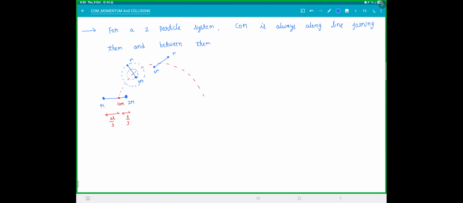That is how the motion will be. The idea is still the same. The center of mass will go in a projectile motion and everyone else is going in circles. So if you throw a dumbbell like this, m and 2m, into the air, the center of mass will go in a projectile motion, and the other two particles will go in circles about the center. So in this case, there will be unequal circles.